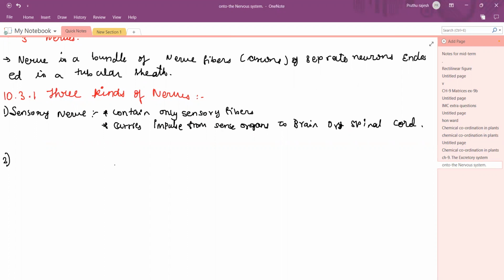Next one is going to be motor nerves. First point: contain which type of fibers? Can anyone answer? It contains motor fibers.